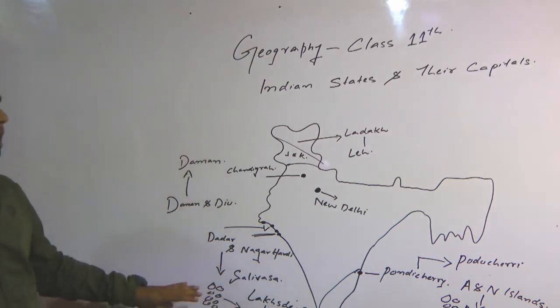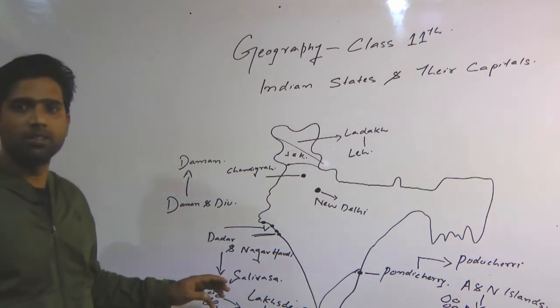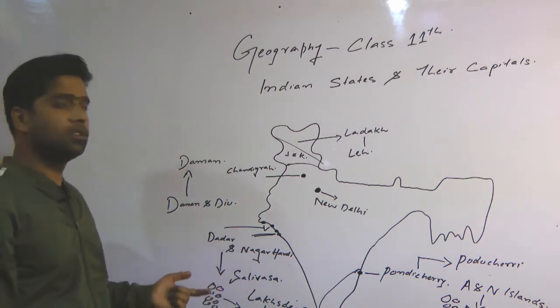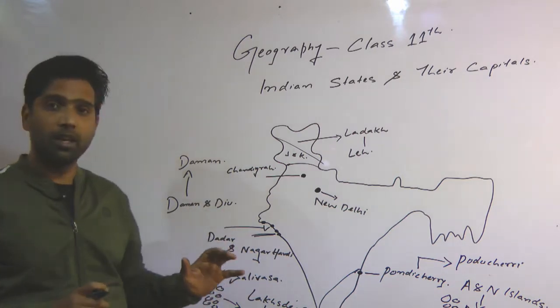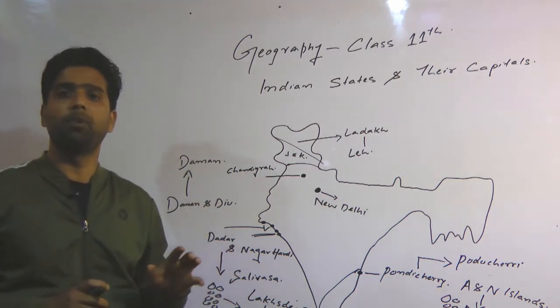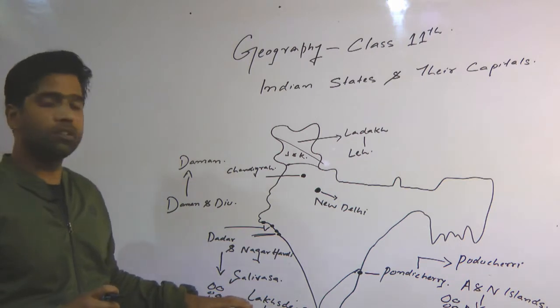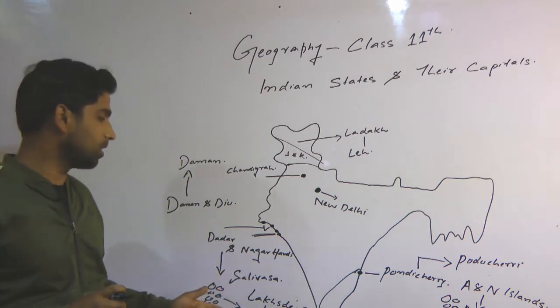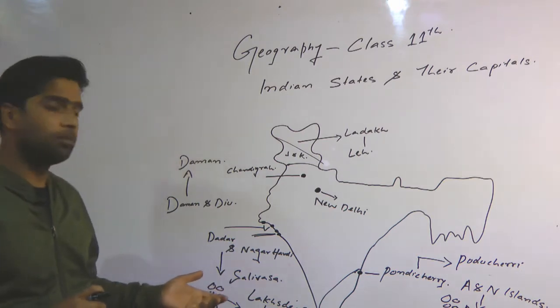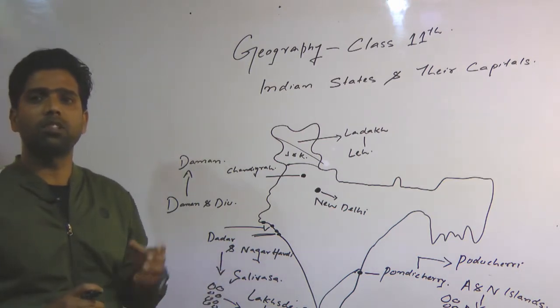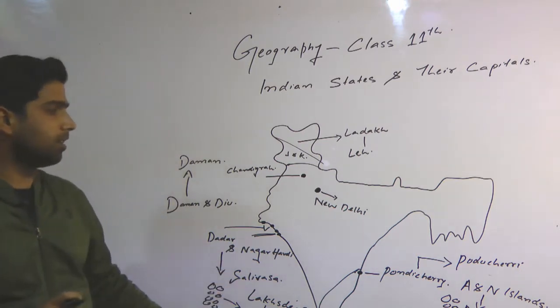Lakshadweep, a group of 36 islands, is India's smallest UT in terms of area as well as in terms of population, and its capital is Kavaratti.